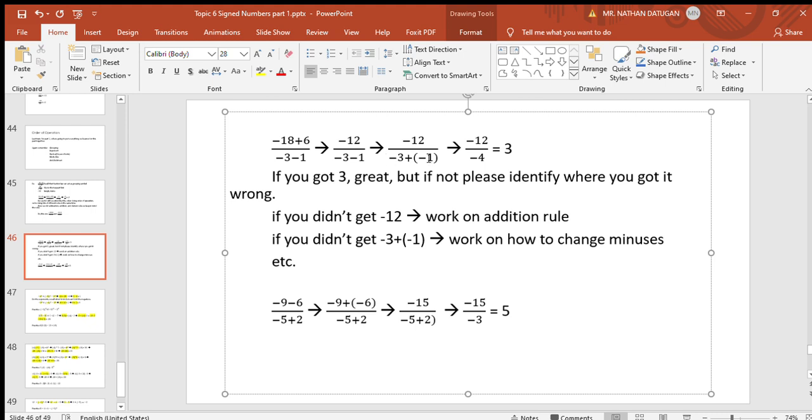Same signs, we add, in the addition rule. Now this is negative 12 divided by negative 4. And this is the division rule, not the addition rule. What's the division rule with the same signs? Your answer will be positive. Negative 12 divided by negative 4 is 3. So that means our answer is positive 3.